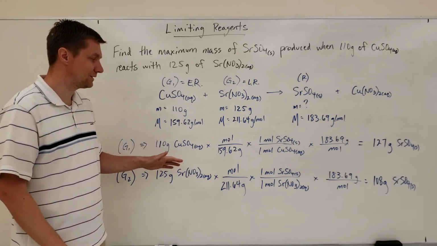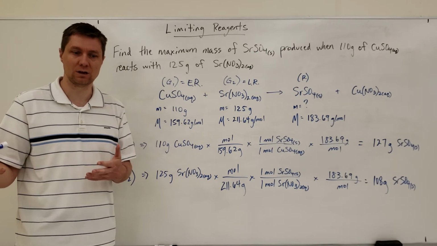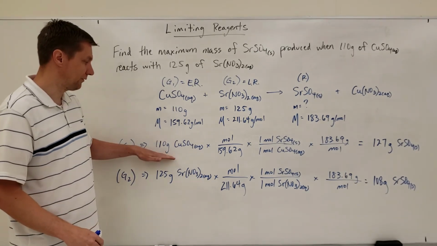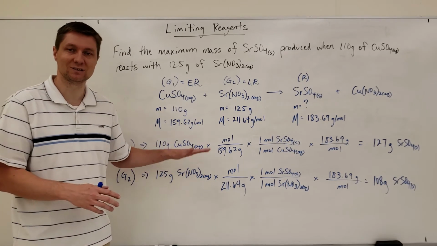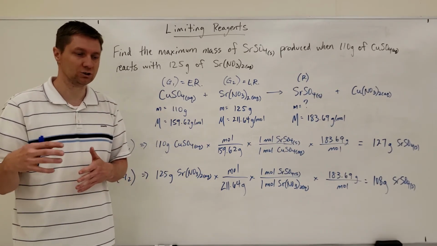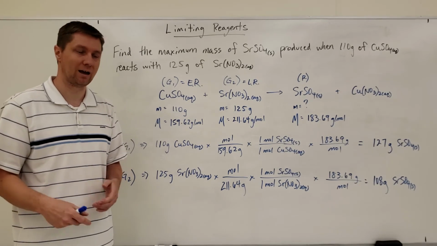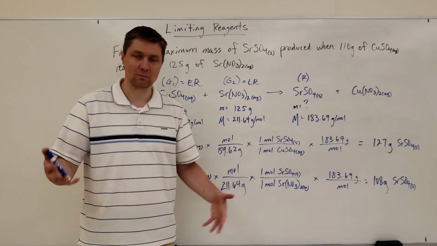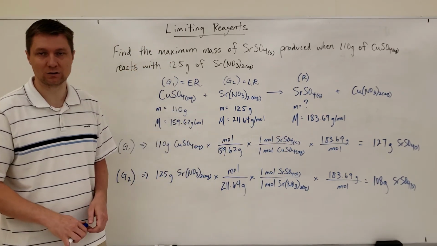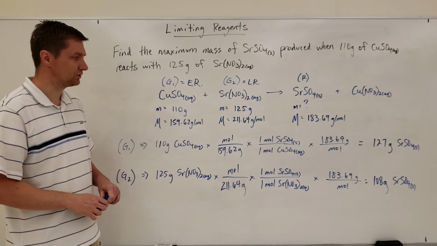And so using masses is not a good way of determining limiting and excess reagents, because I might have a mass of this substance and a mass of that substance, but these substances have different molar masses, which is going to change how many moles of each I have. And if this is reacting at a 1-to-1 ratio, then the amount of moles is going to dictate how much is made.